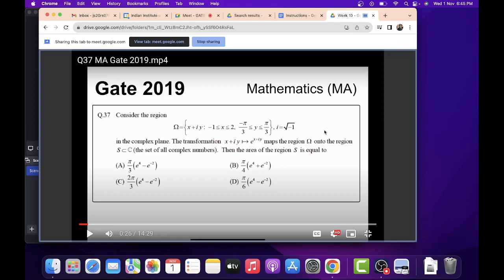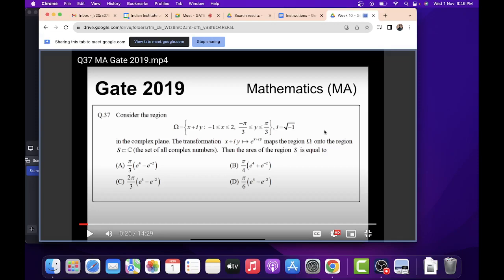I think it will be root 3 line or 1 by root 3, some kind of that. So this is how the set will look.